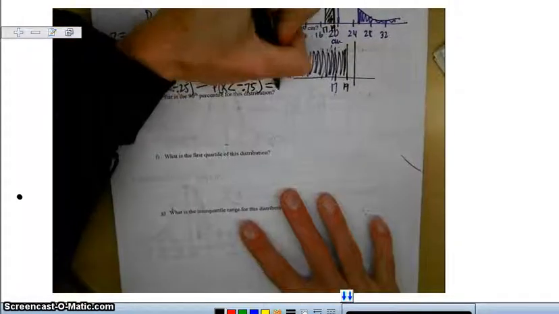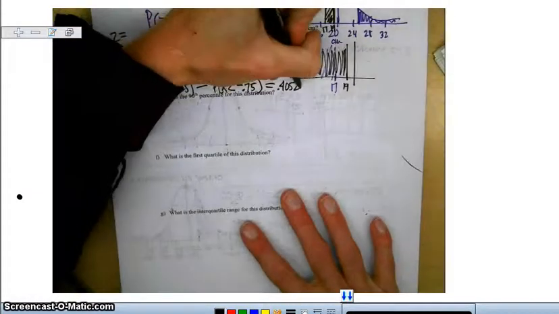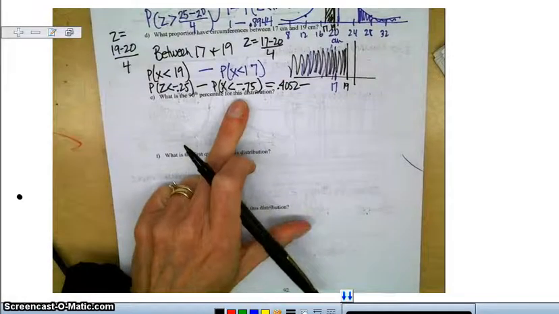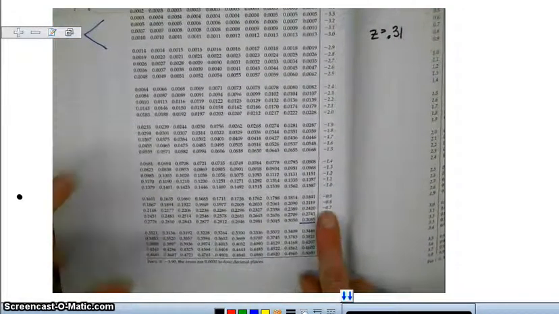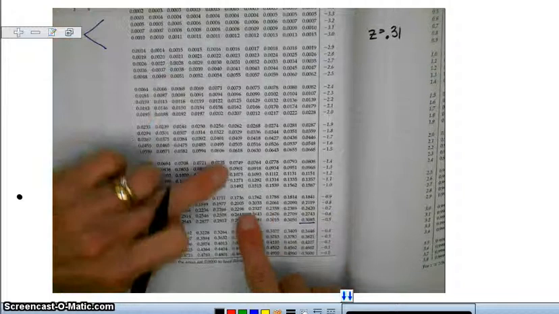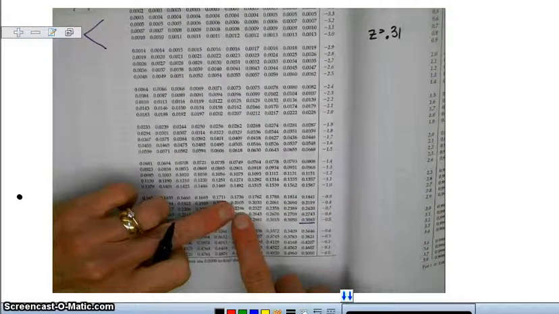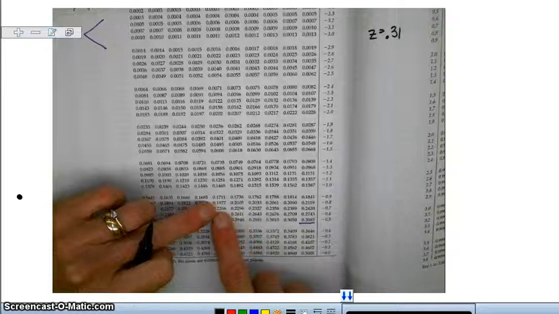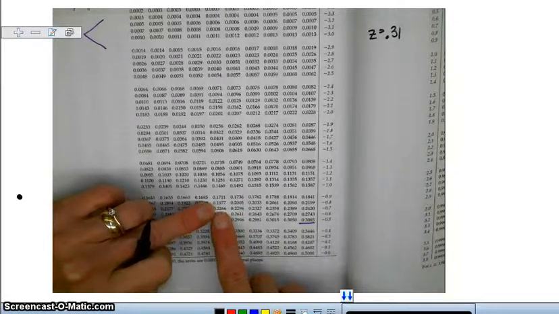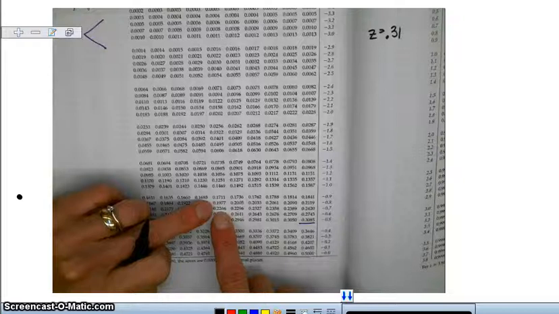So that is 0.4052 minus, now I'm going to find the z-score of negative 0.75. So negative 0.75, find where they meet, 0.2296. Oops, not far enough over. Sorry, I need one more over. The z-score for negative 0.75 is 0.2266.